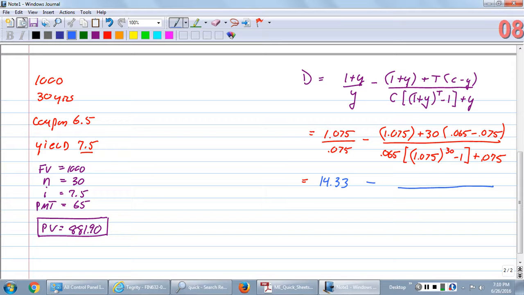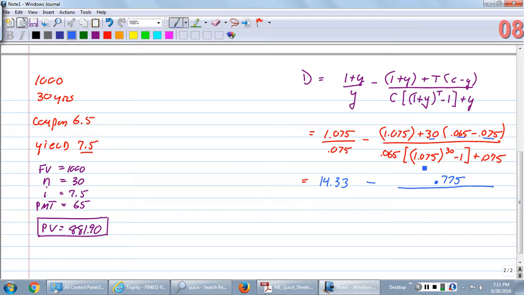So in the numerator, all that comes to 0.775. Just as a reminder, I focused on the parentheses first, 6.5% minus 7.5%, which gave me negative 0.01. Multiply that times 30, and then added 1.075.